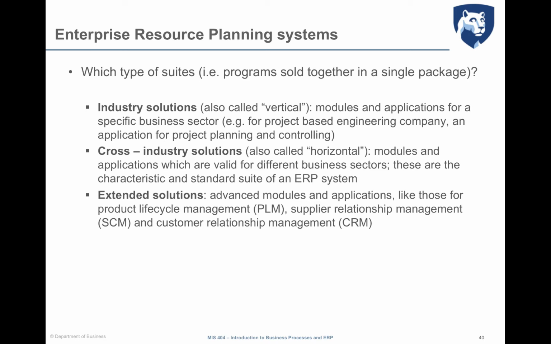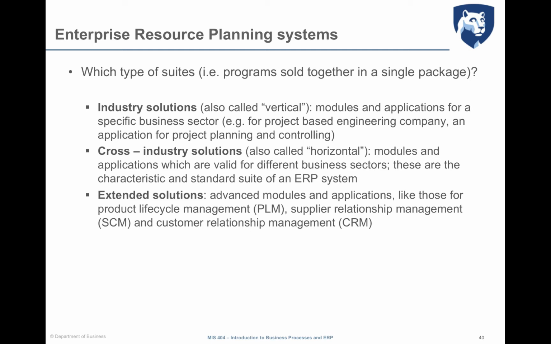Then we also have cross-industry solutions, also called horizontal, which are instead modules that are valid for different business sectors, so are invariant across industries. And of course, these are what we can call the standard suite of an ERP system. We have the standard suite, and this standard suite can then be personalized, customized with industry-specific suites.